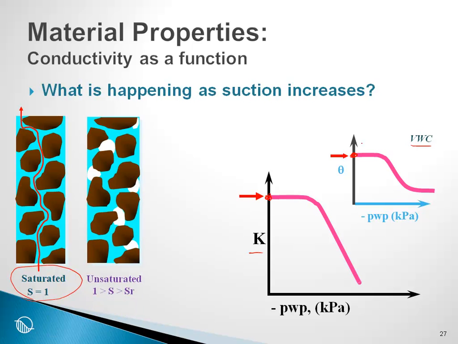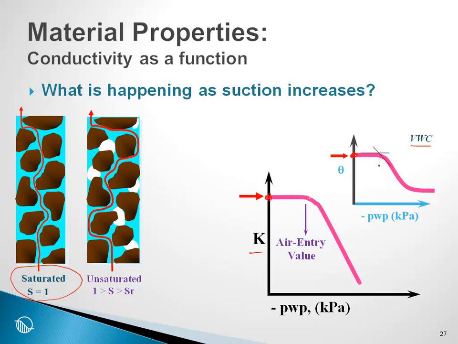Then when air begins to enter the sample, the degree of saturation is less than the saturated case, and so a droplet of water would have to take a more circuitous route through the sample.